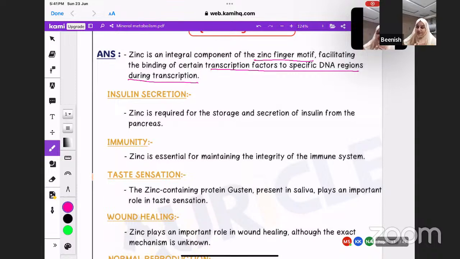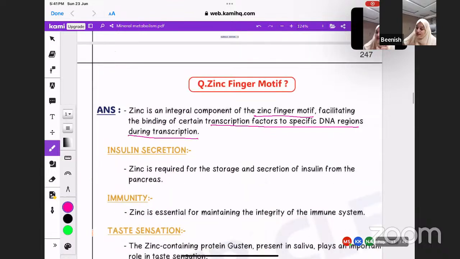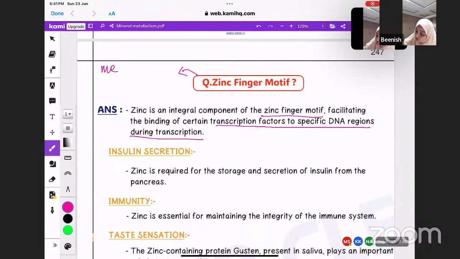So basically they are DNA binding motifs which mediate protein-DNA interactions.